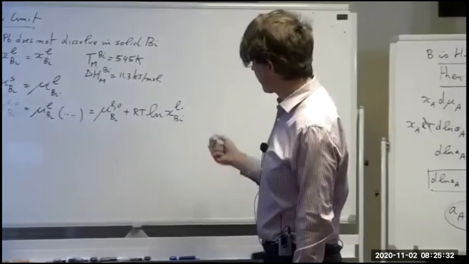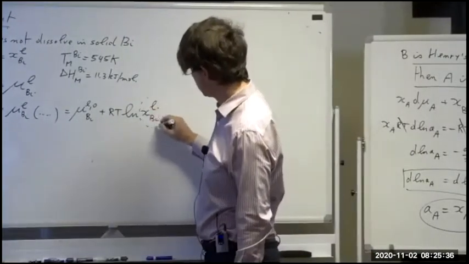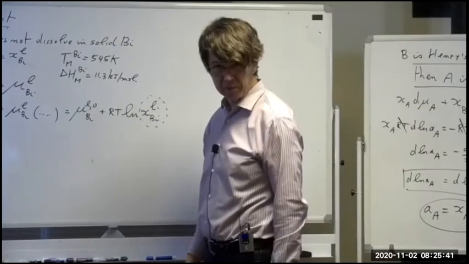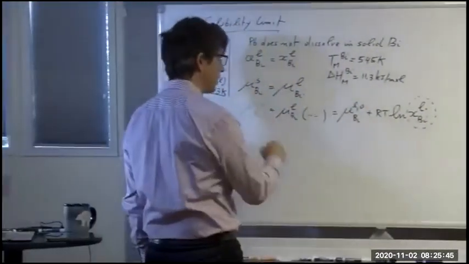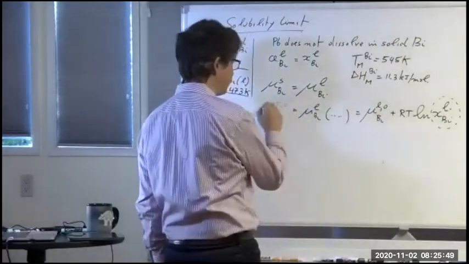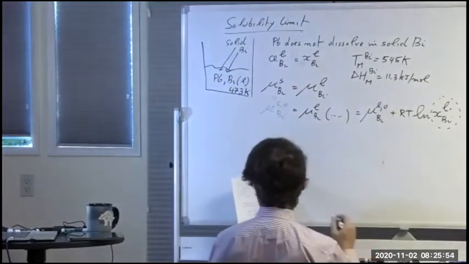So basically I have my equation here, right? I have my one unknown, the amount of bismuth in the liquid that sets the chemical potentials equal. And so the question is, what do I do with this here? So I have the bismuth chemical potential in the liquid in the reference and the chemical potential of bismuth in the solid. So let's write that out a little more explicitly.